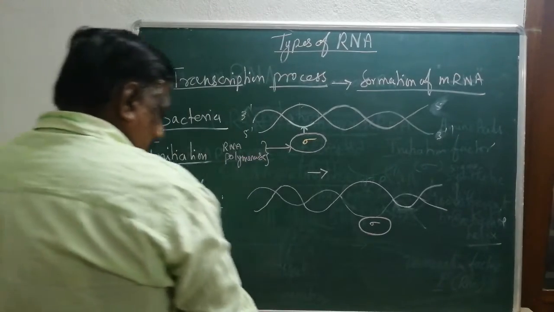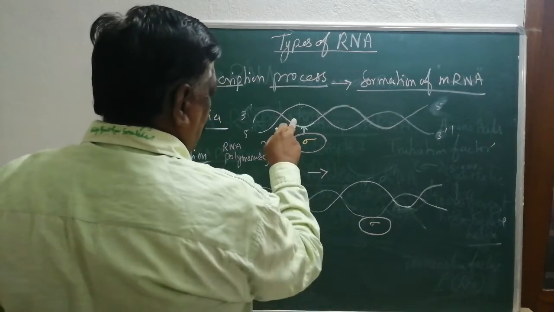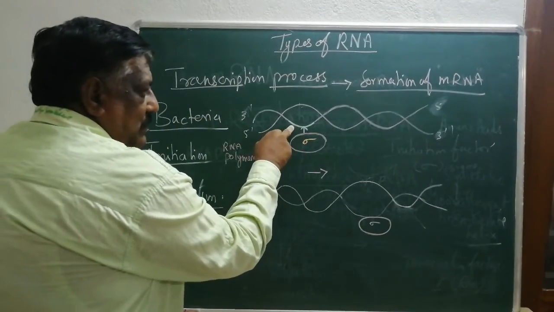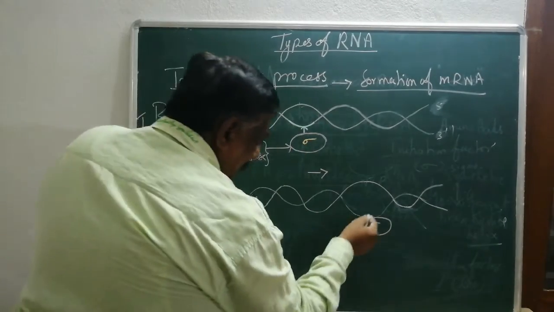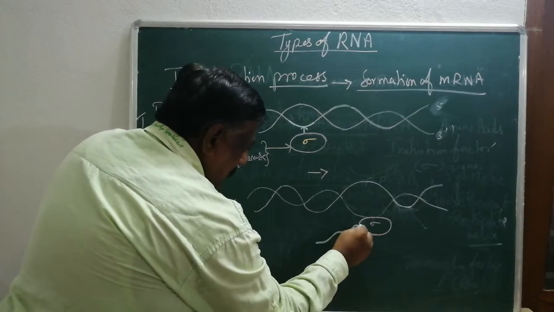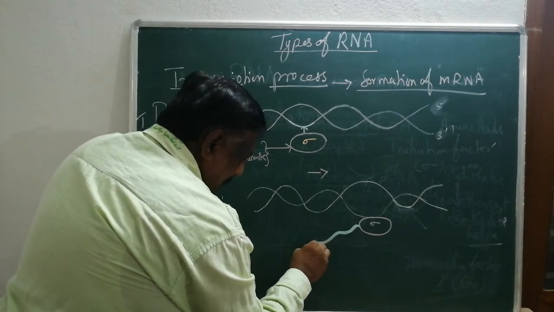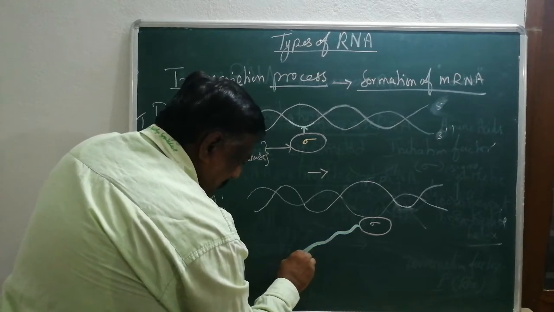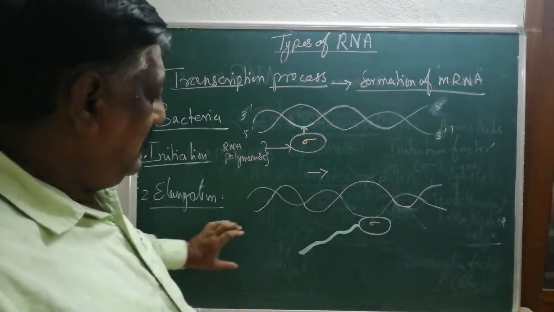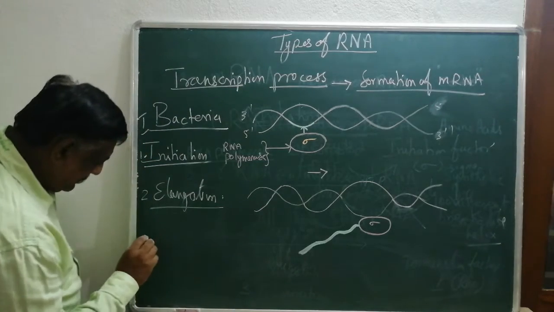And what happened to the transcription, which I have shown, this is mRNA actually, formation of mRNA. Now this mRNA is formed like this. Long, it is getting elongated. It's a small piece, now it started elongating like this. So elongation continues.